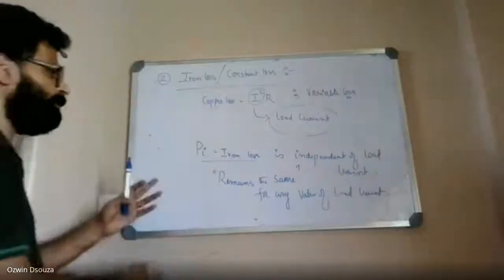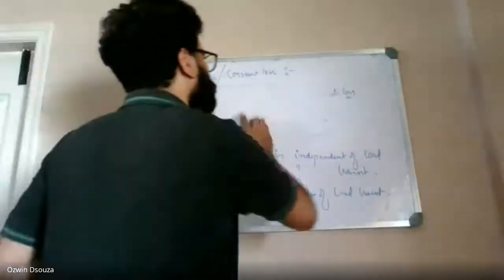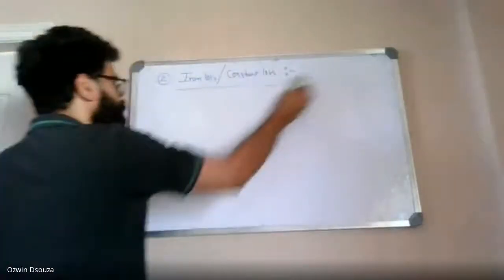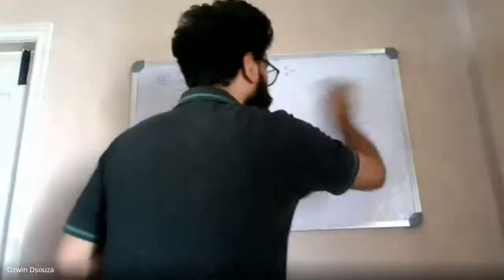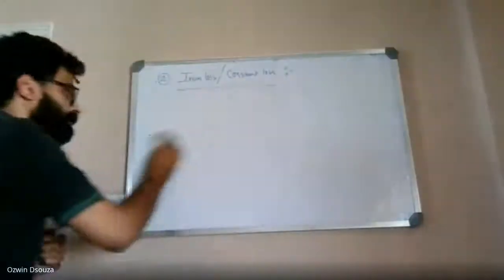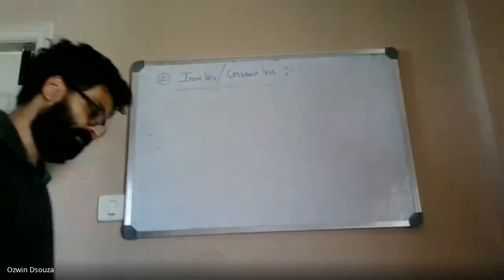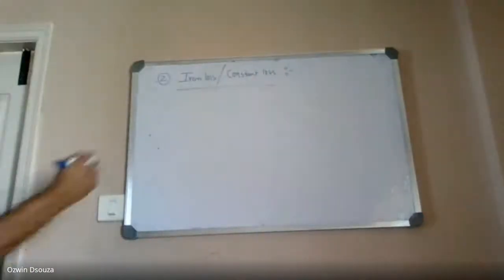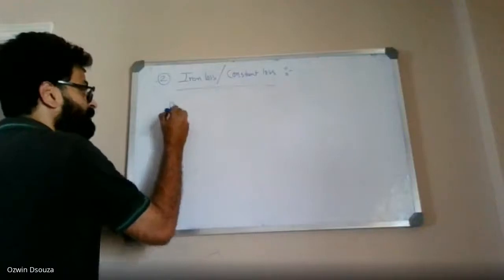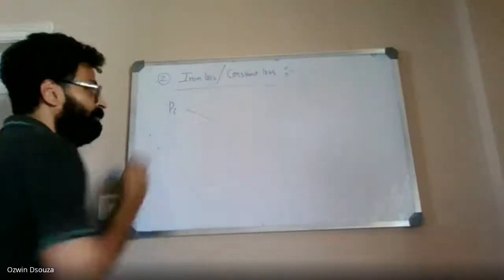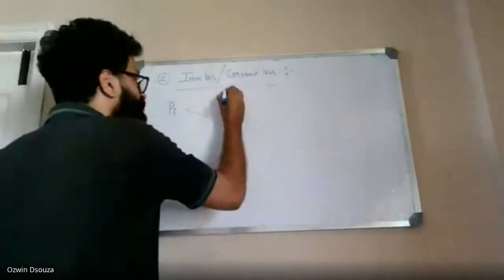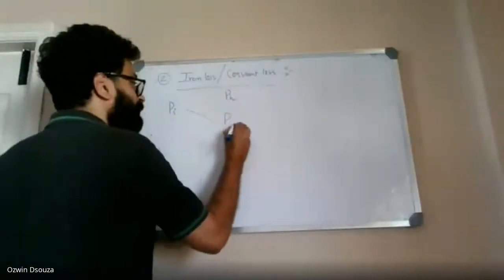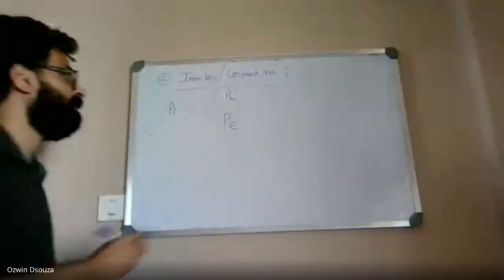When I write the equation, you will be able to understand why iron loss is independent of current, or rather, why iron loss is not varying with respect to changes in the load current. Now, this iron loss is further classified into two types: the hysteresis loss, denoted by PH, and the eddy current loss, denoted by PE.